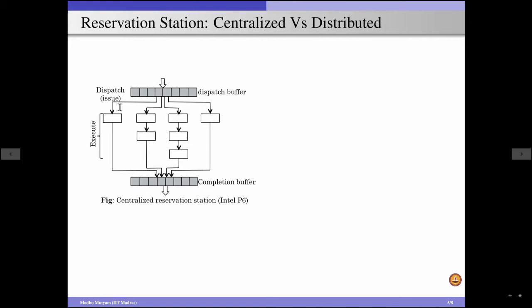So in a single cycle we may have to dispatch 4 instructions from this dispatch buffer to all these functional units.